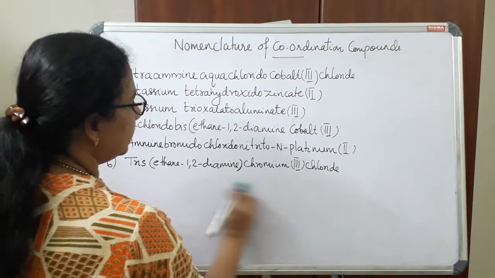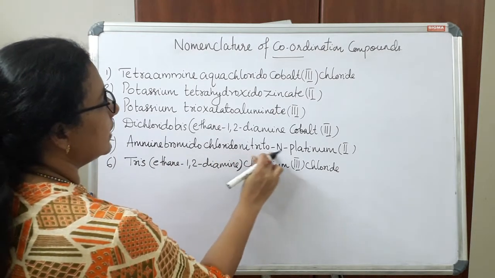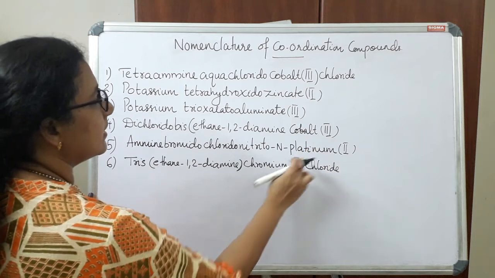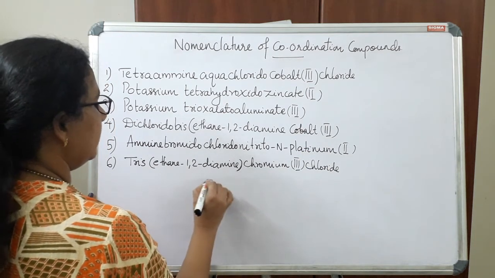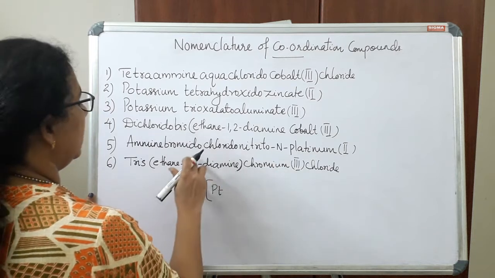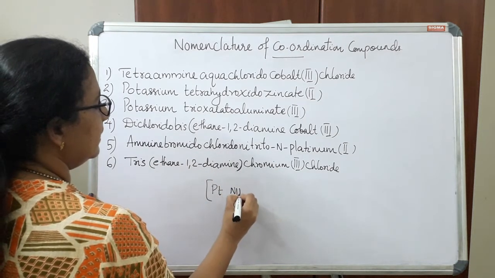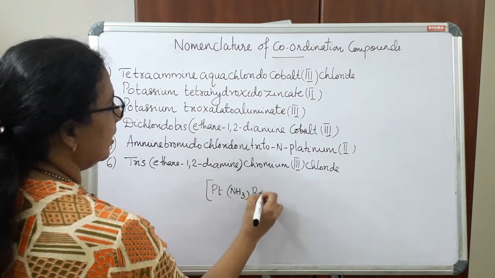Now comes the fifth compound, that is amine bromido chlorido nitrito N platinum. So here we can see the central metal, that is platinum Pt, and this will be the complex part also. Then amine means the ligand amine, it is NH3. Then bromido, it is Br.